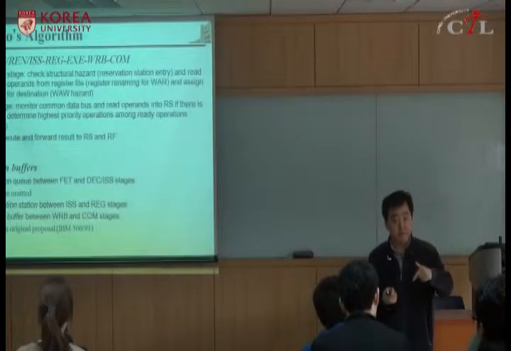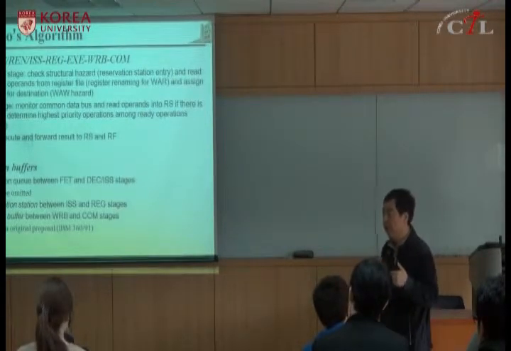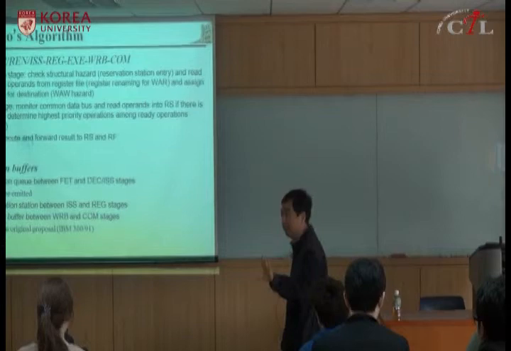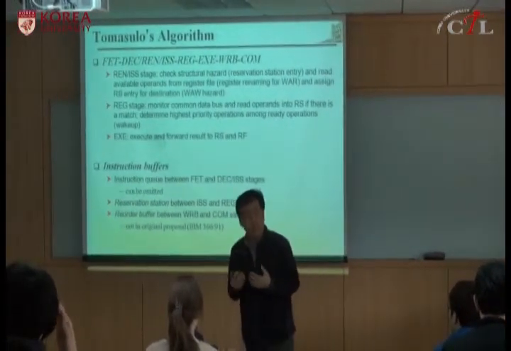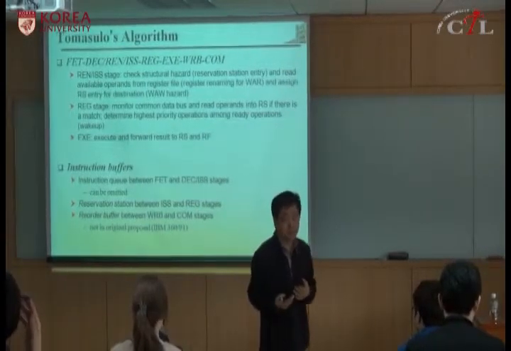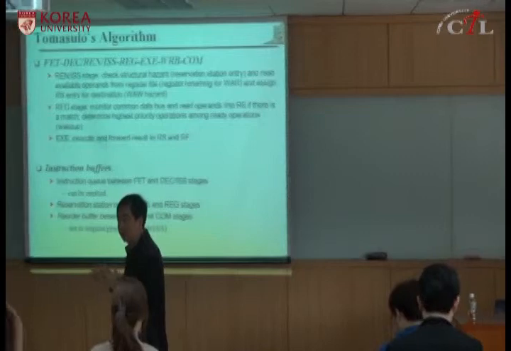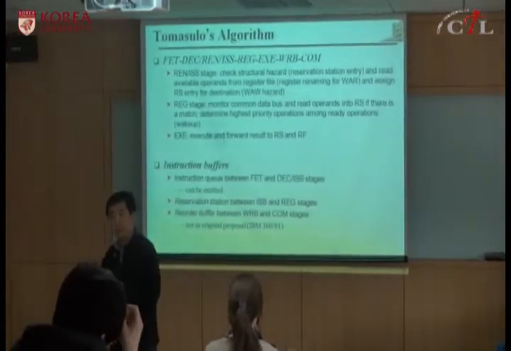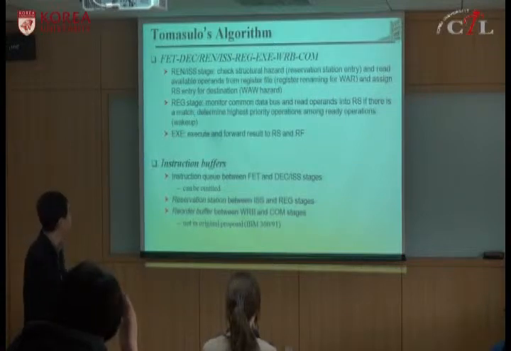Sometimes the front end is stalled, waiting for an instruction cache miss, but the back end can still consume instructions from the instruction queue. So it provides some buffering between front end and back end. They can decouple, and it can improve performance.